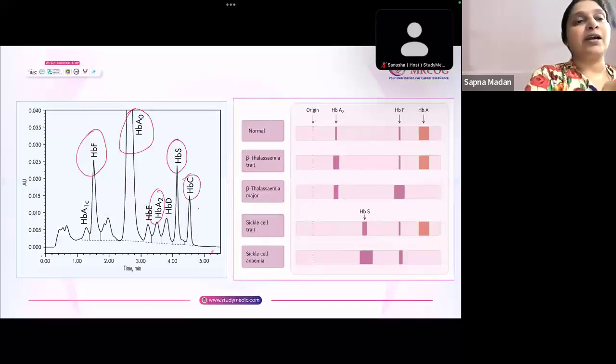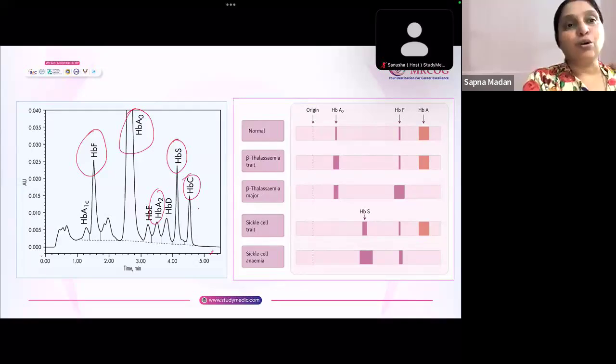So these are the most prominent peaks that we are supposed to look for, okay? So from left to right, it is first adult and sickle cell. So this is kind of a mnemonic.